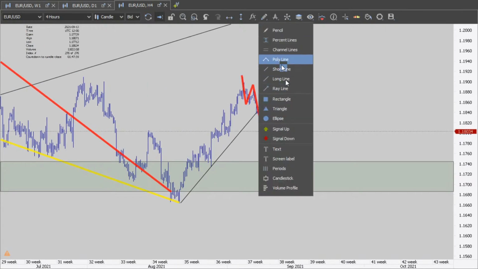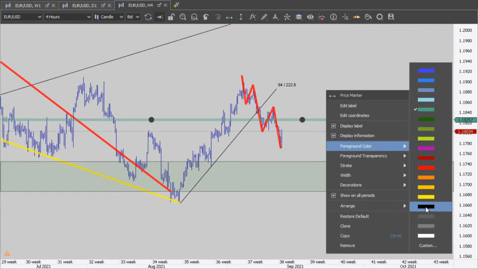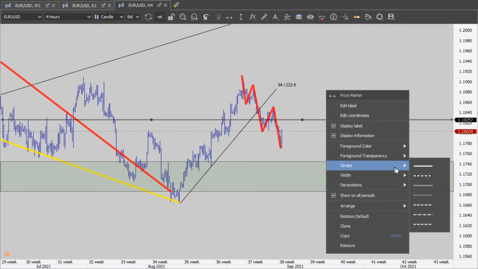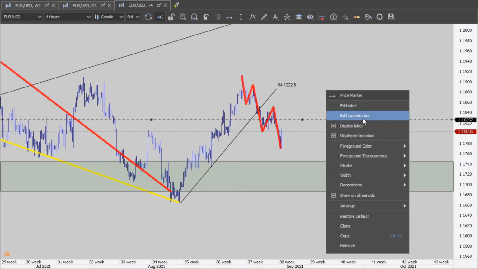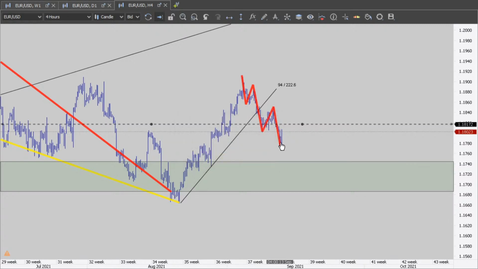And Lucas says, let's check. So this is going to be black, like this, and like this, and like this. Shorting the market at 1.18172. Clone.